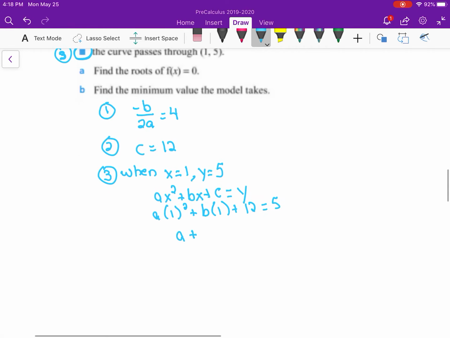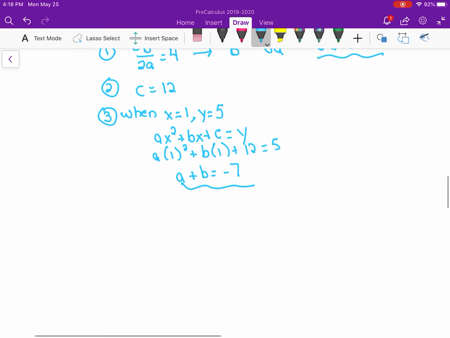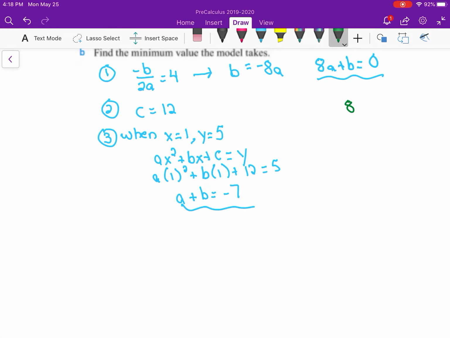All right, so that's a plus b equals -7. Up here, if we look at this equation, we get b equals -8a. All right, and we could look at that as 8a plus b equals 0. So we have a system of equations right here. So we're going to take that system of equations, 8a plus b equals 0, and a plus b equals -7, and you can either use your graphing calculator to enter that like we did with the matrices, matrix A, and do the rref of matrix A to get your values.